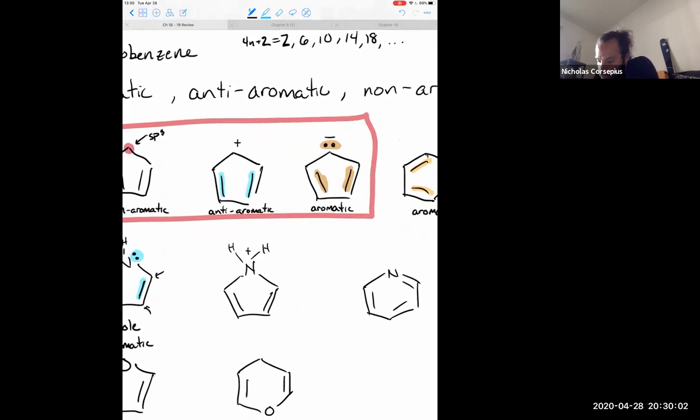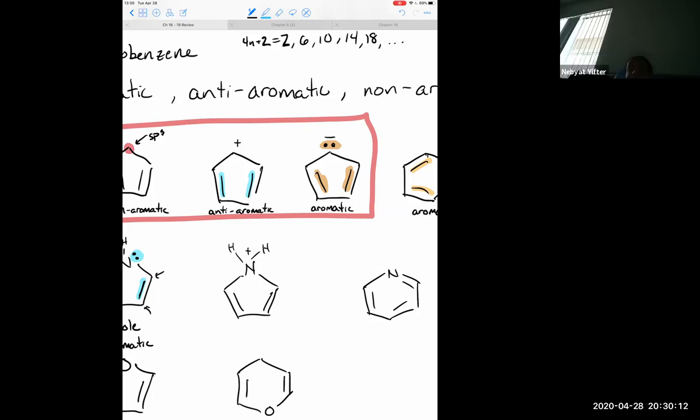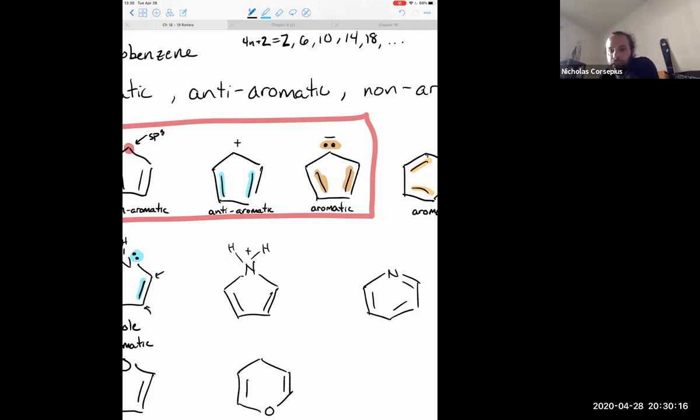But what about when we have a protonated pyrrole? Who votes non-aromatic? And who votes anti-aromatic? Okay, so now we have a nitrogen that has 1, 2, 3, 4 bonds.